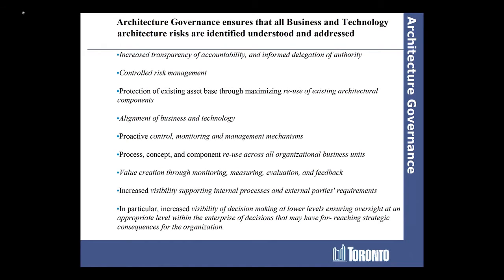What I mean by that is at the lower level, we actually have 3 levels of oversight. And what we want to make sure of is we're not making high-level abstract architecture decisions. There are some real low-level considerations being taken when architectures are reviewed that could have strategic consequences to the organization. So that's what governance means to us.